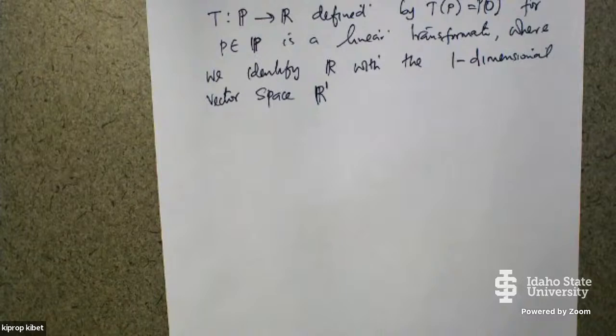So we want to show that T(p) is equal to p(0) there. If it is one dimension, it's one dimension.